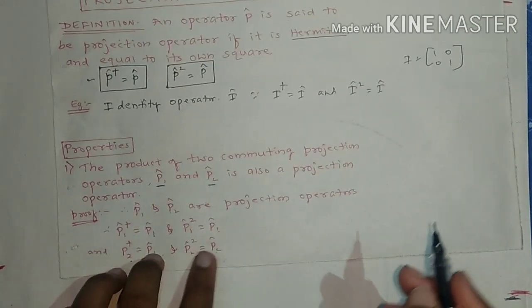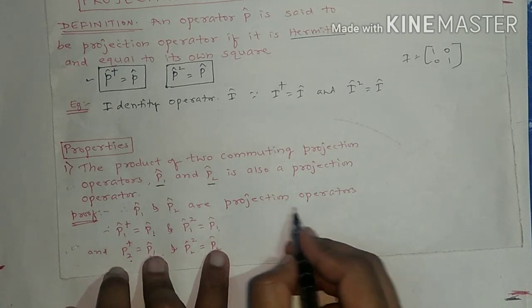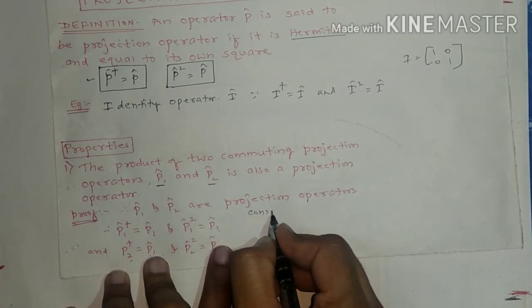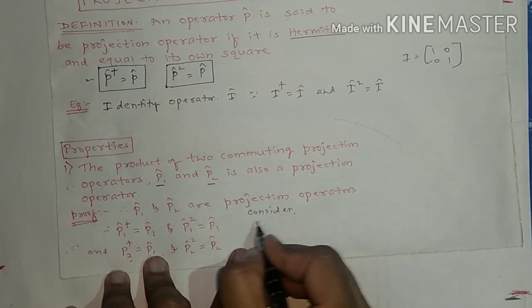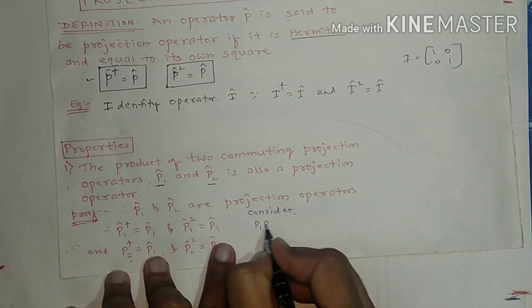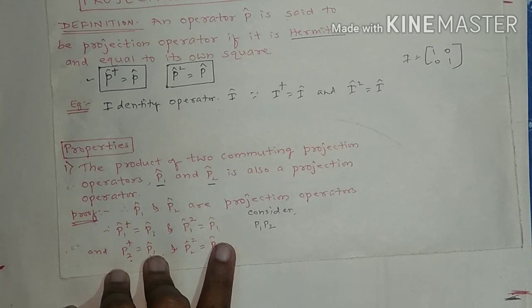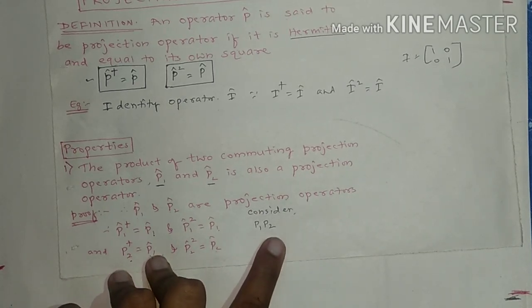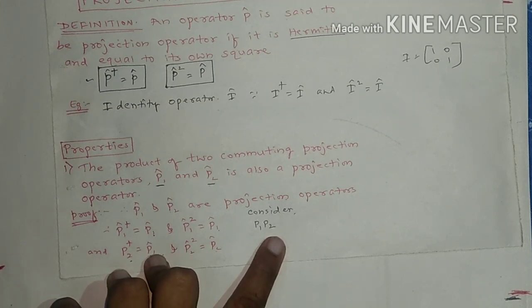Now let us consider the product P1 into P2. What we want to prove is that the product of two projection operators is also a projection operator.